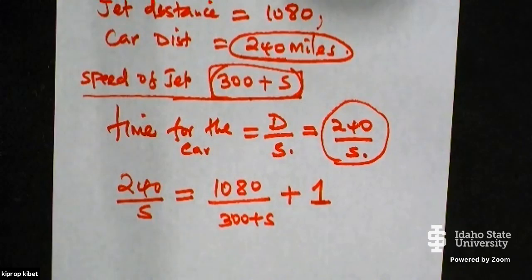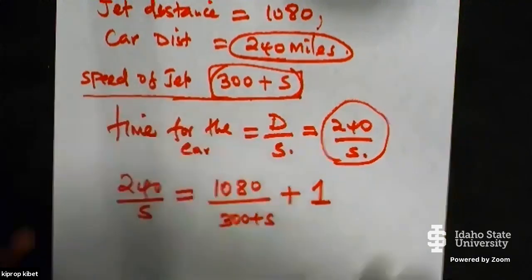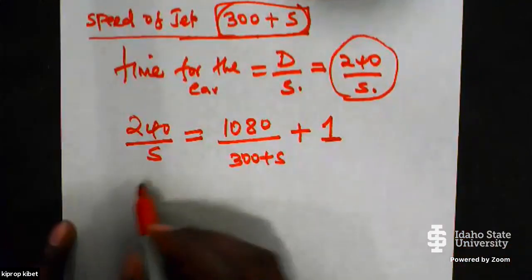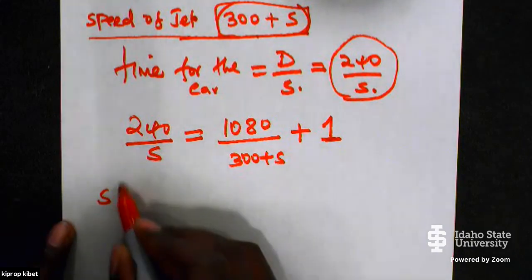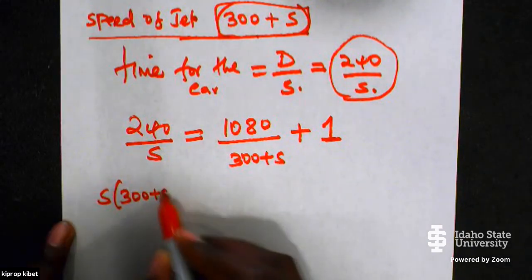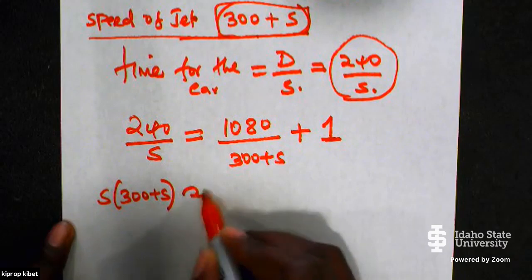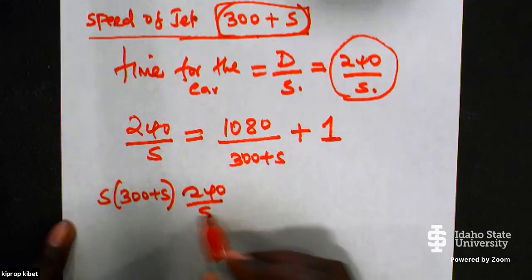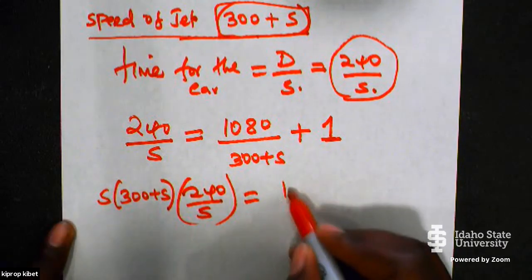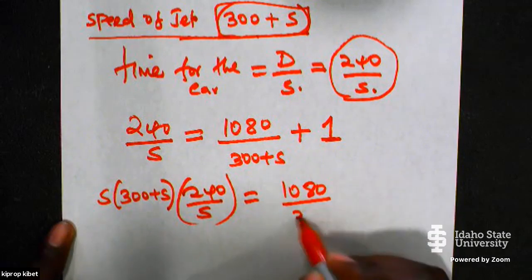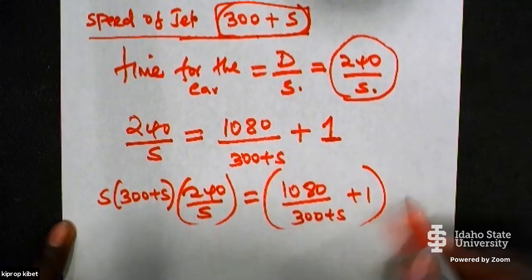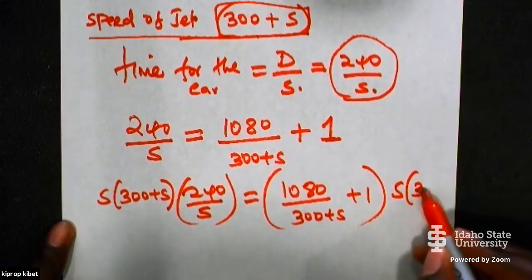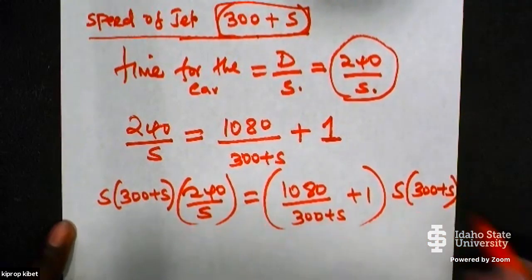S times 300 plus S. So we multiply everywhere by S times (300 plus S): S times (300 plus S) times 240 over S equals 1080 over (300 plus S), plus 1, times S times (300 plus S).